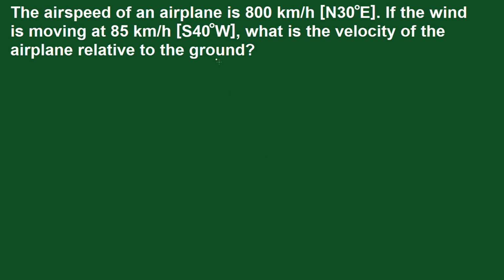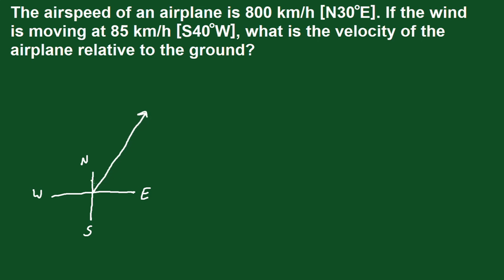So let's add those two vectors together. We'll start with the 800 kilometers per hour north 30 degrees east. I'm going to make our little cardinal directions here: north, east, south, west. North 30 degrees east means that we are in this direction here.